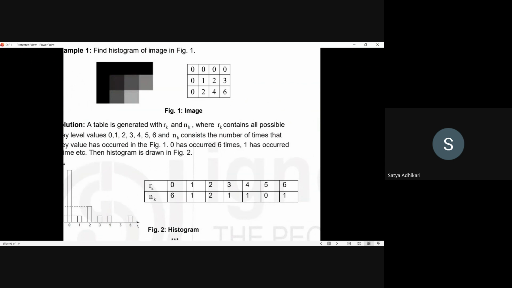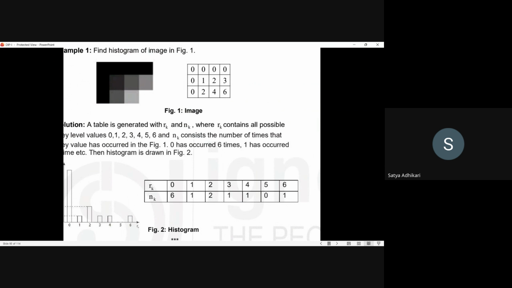So you see here, 0 has occurred 6 times. In rk we have 0, 1, 2, 3, 4, 5, 6, taking the minimum as 0 and the maximum as 6. 0 occurs 6 times. 1 occurs once.